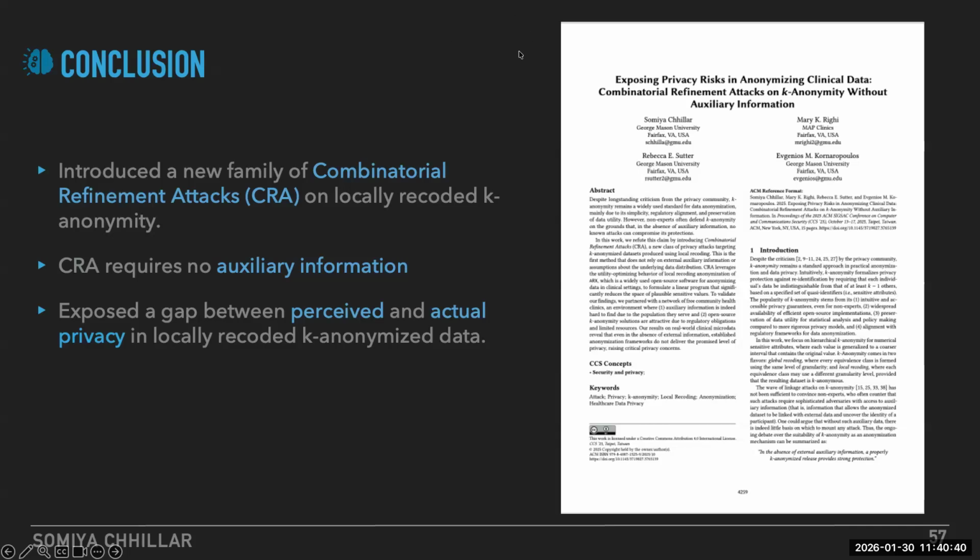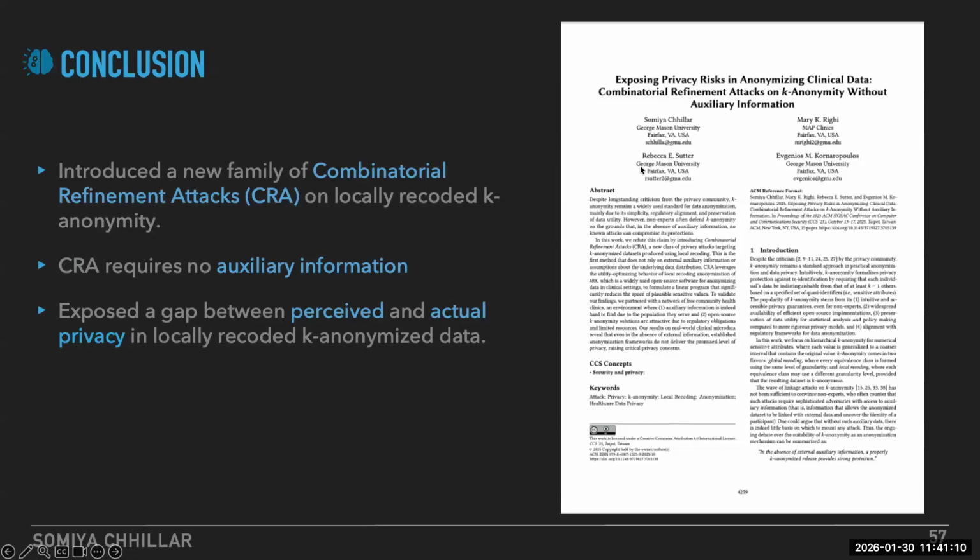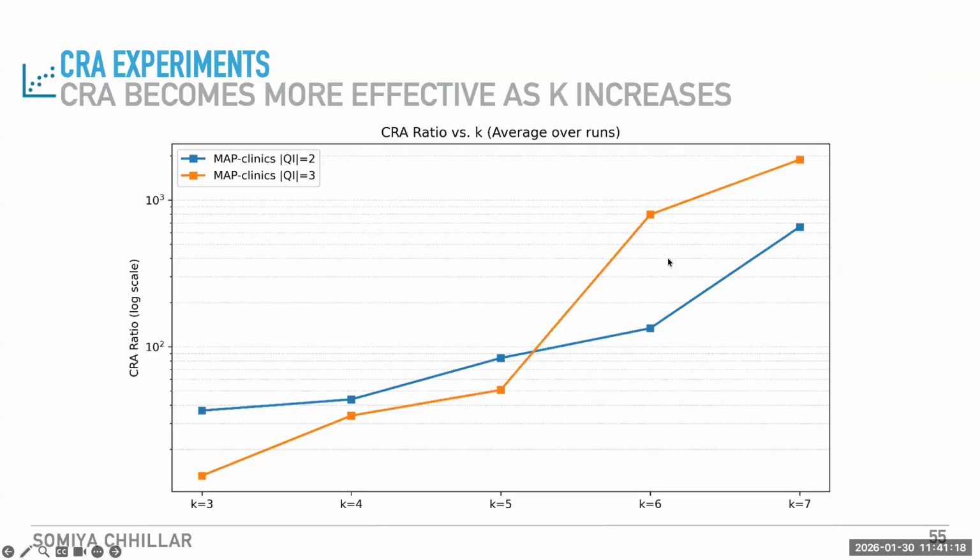Questions? I have a question about the CRA ratio. You mentioned that the larger K increases the top one. Yes, for this slide, we mentioned that the larger K, interestingly enough, increases the CRA ratio.